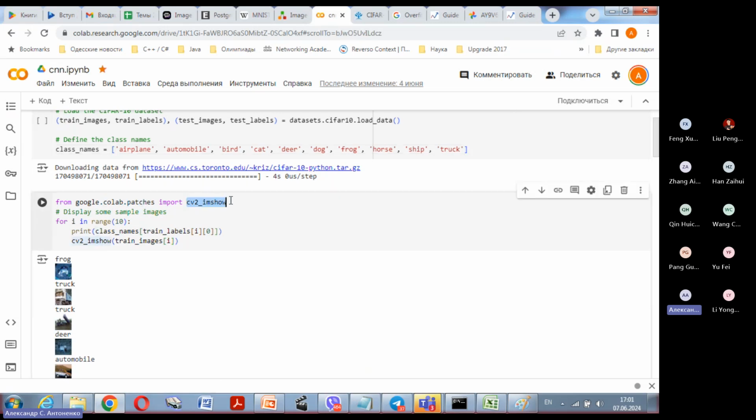So I use a patch. This function, cv2 imshow, simply shows the image in Google Colab. So we print the class name for some label, and we only look at the first 10 pictures.